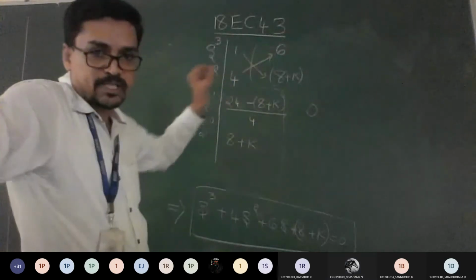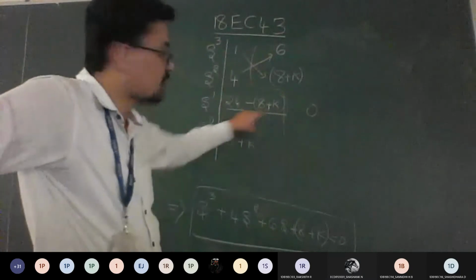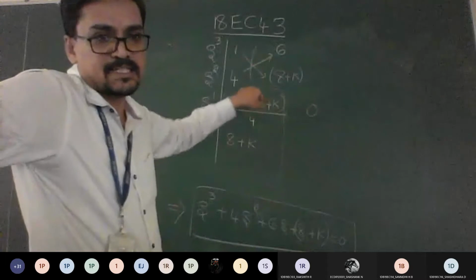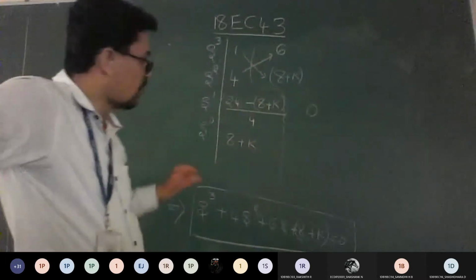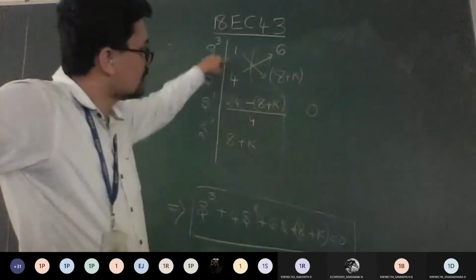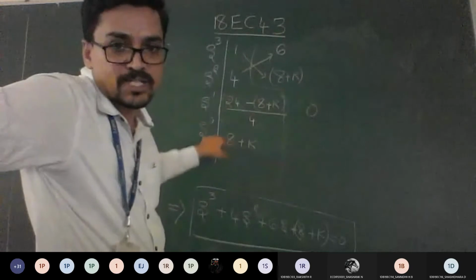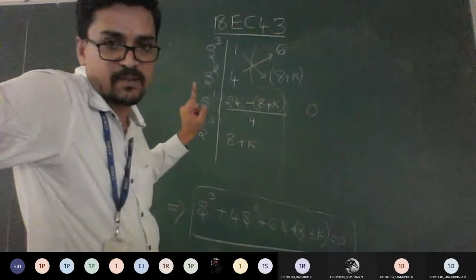Look at here. The question asked is, you need to find the range of k. So what values of k, if I substitute in this system, will make it stable? That is our intention, right? For that, you compare the first column. First column 1, 4 is there, but these two have k values. I need to know the range. What should be the range if I dump here so that I get a stable system?